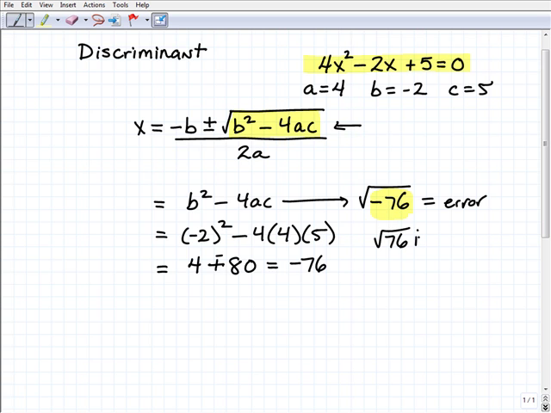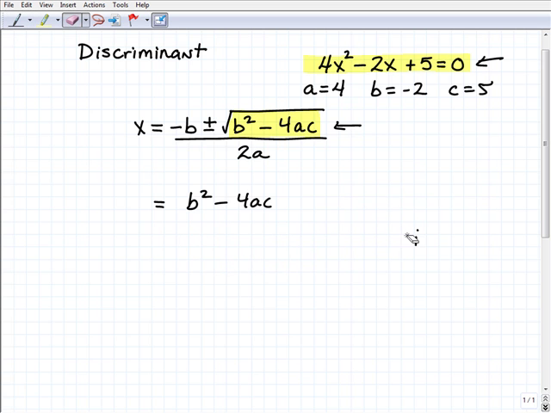It tells you that this particular quadratic equation, because its discriminant was negative, because we ended up having to take the square root of a negative number, is going to have two imaginary roots. Let me break this down for you.